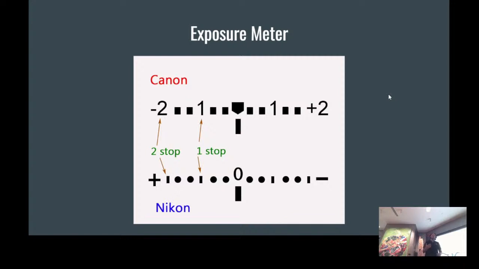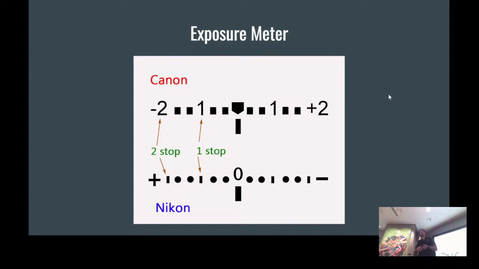The exposure takes it and can make it lighter or darker based on the image that you're seeing, based on your camera's exposure meter. With the exposure meter, you can raise it up 1 stop or 2 stops. By doing that, you're going to raise the picture's exposure up, making it look more washed out or lighter.